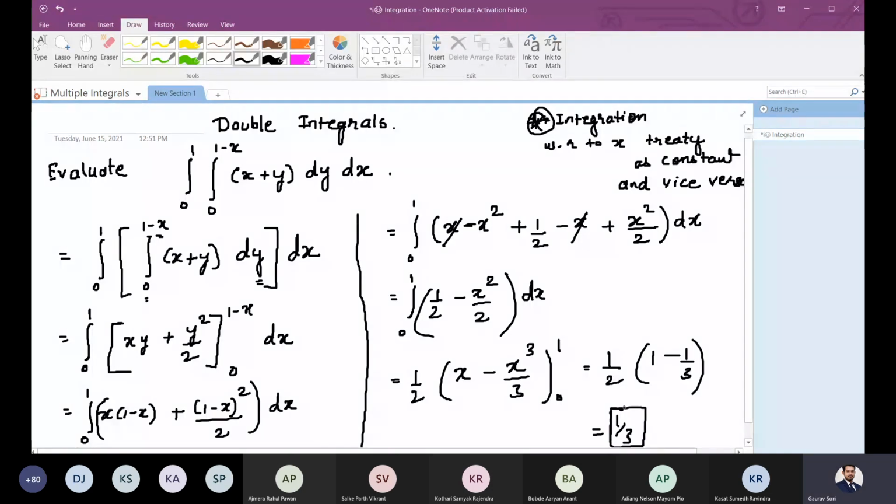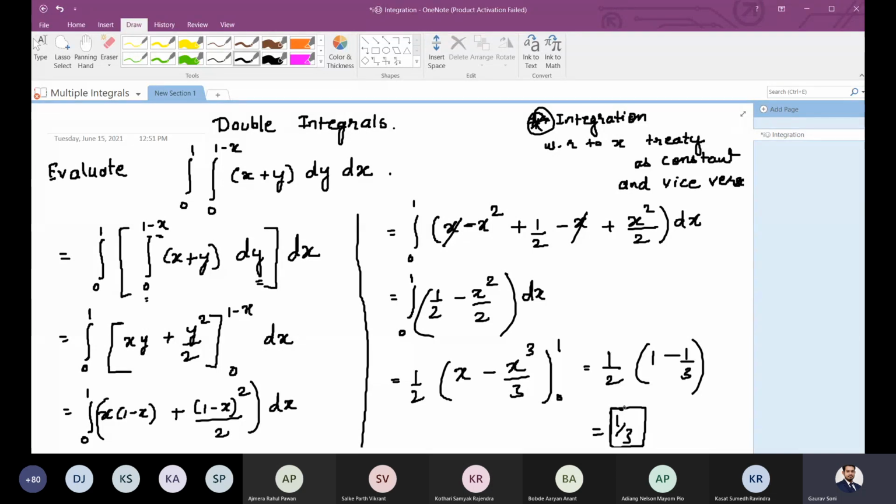There are two to three types of examples in double integrals. The first is that you directly solve the given integration. As you can see, without even knowing the background or theory behind the double integral, we can solve it. If the limits are given, solving a double integration is very easy.